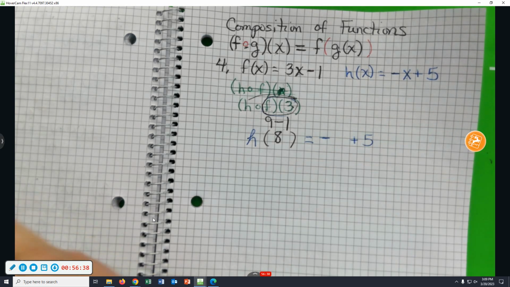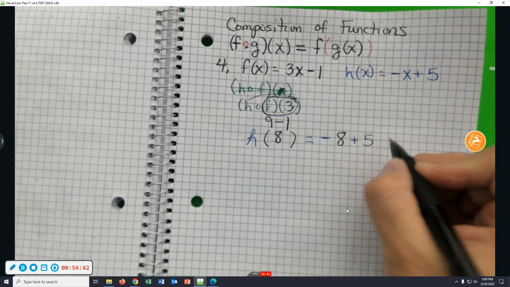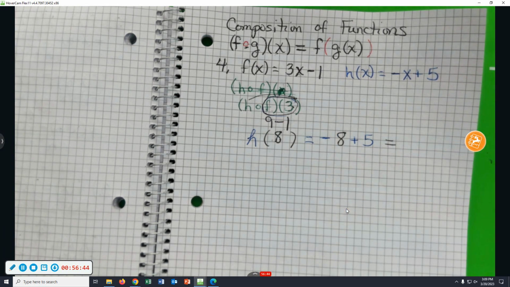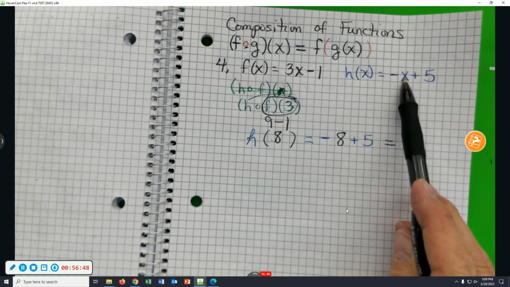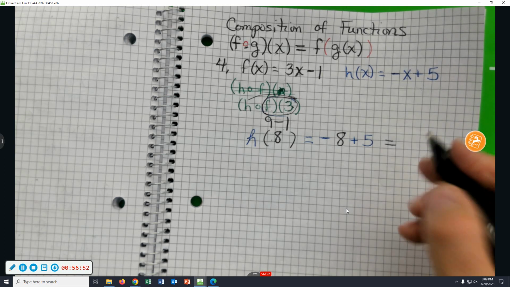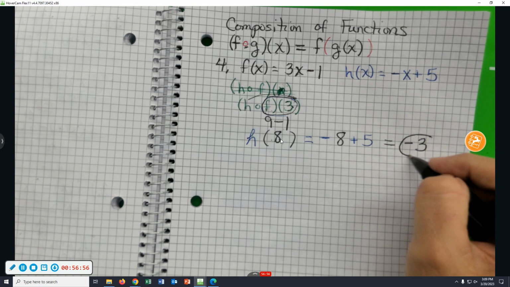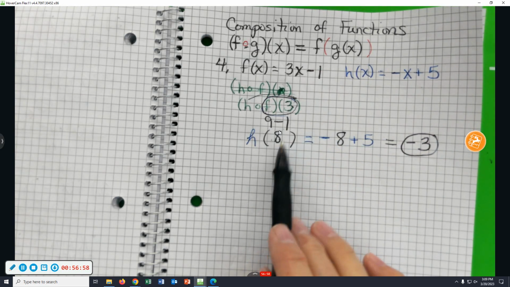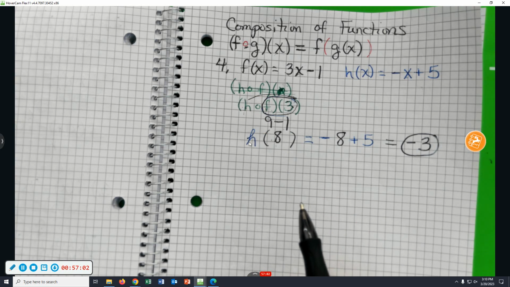And in place of that blue x, I'm putting 8 plus 5. What's that going to give us? -3. So you plug the 3 into f, that gave you 8. You plug the 8 into whatever function's here beside it, h, and that gave us a -3.